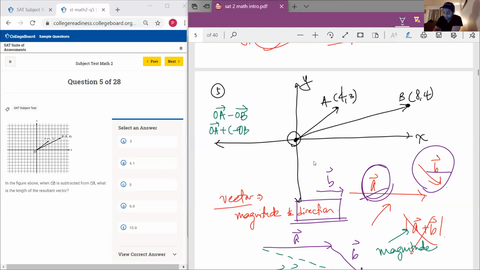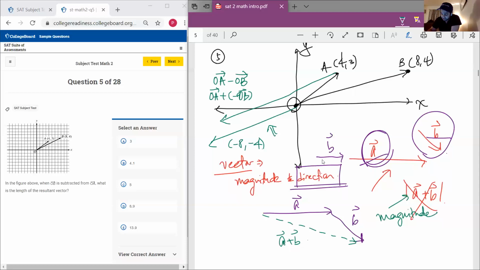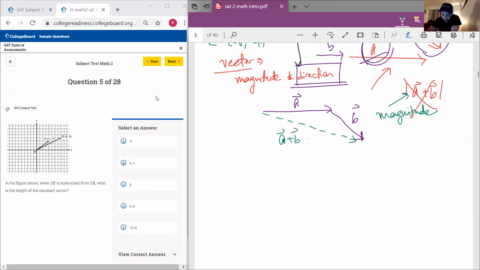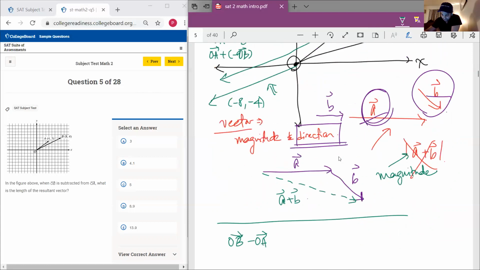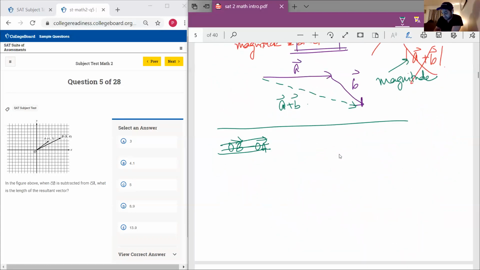OA and negative OB. Negative OB, I can think of it as having -8, -4. So if I add this guy to this guy using the tip to tail method, I'm going to get something like that. This is just for visualization purposes. You can use their coordinates.